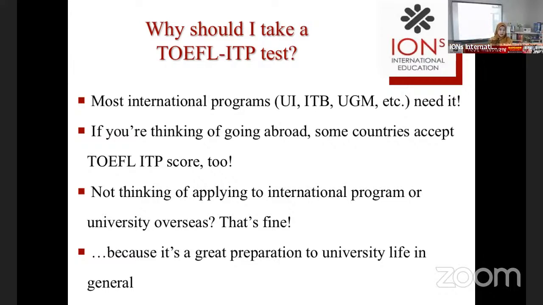Nah, itu ya, jadi kalau teman-teman mau apply as a civil servant atau PNS, kemudian di BUMN, BUMN itu juga biasanya mereka mensyaratkan TOEFL ITP, kemudian di perusahaan-perusahaan swasta juga mereka biasanya multinational atau mungkin juga national.